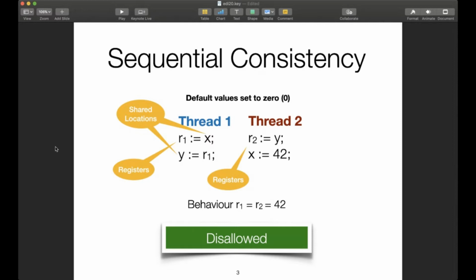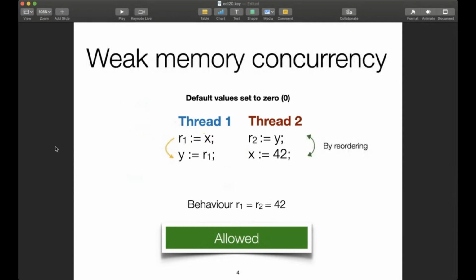Sequential consistency disallows that. So the point about weak memory is to allow for some of these little concurrent tests, we call these litmus tests, to allow some behavior that sequential consistency doesn't allow. So for this example, we're going to think about that 42 behavior.